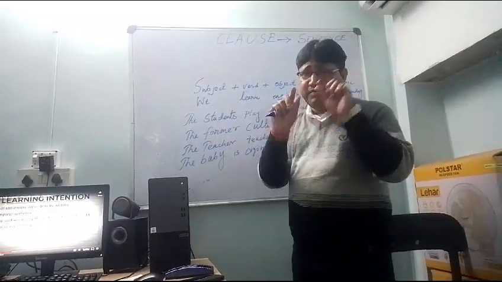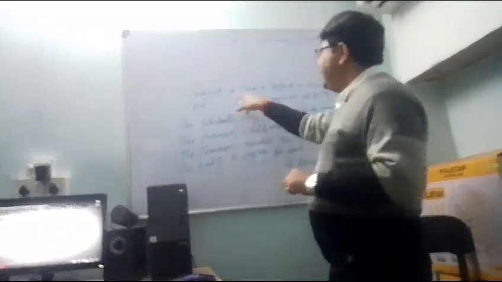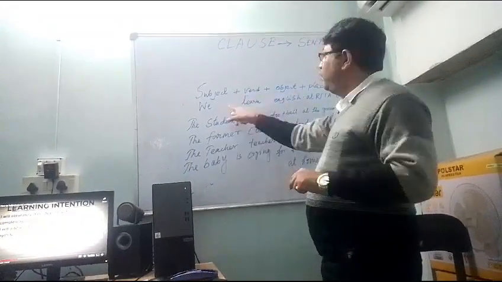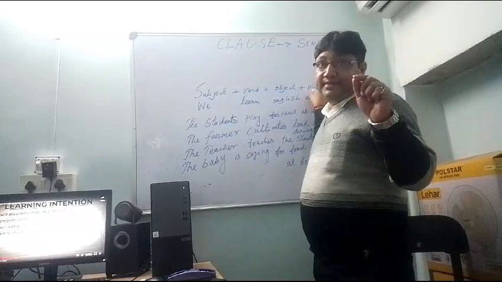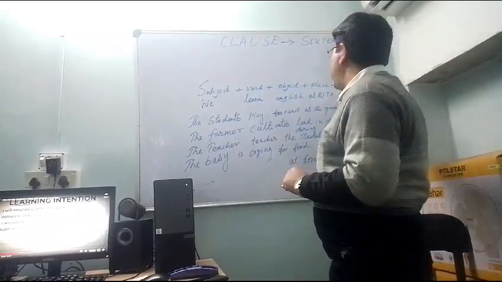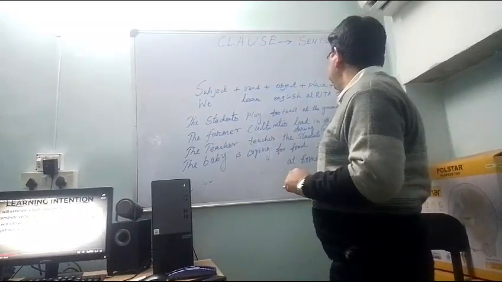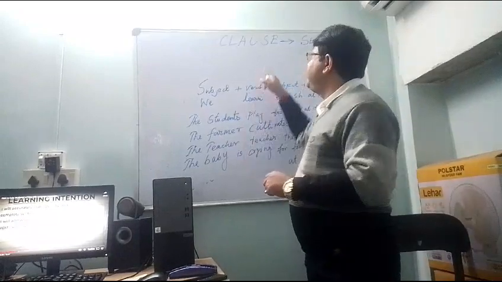These are only very small fragments of sentences. Here, subject, verb, object: we learn English. And then you have to use the place: where are we learning English? At RITA. And the time: when? On Sunday.